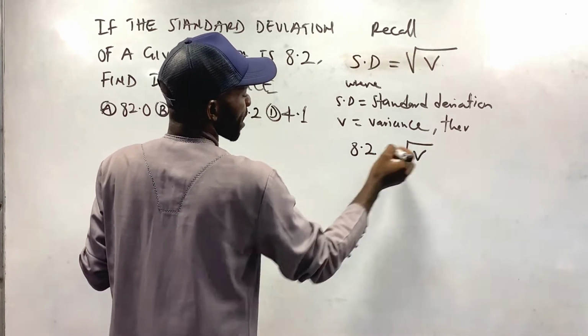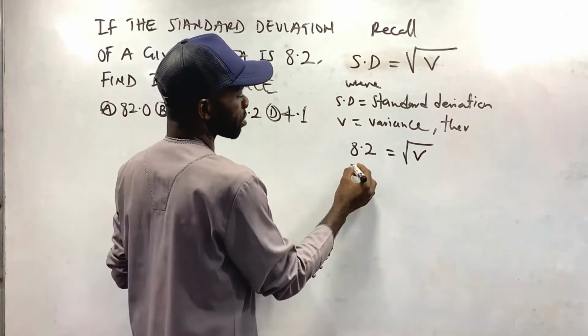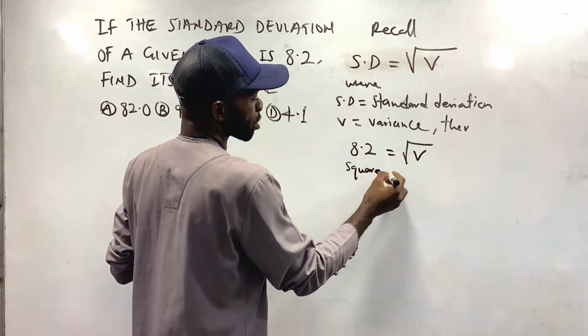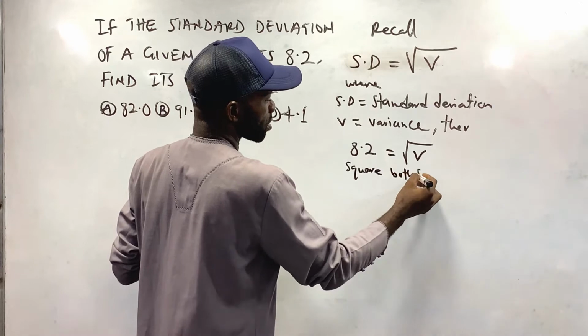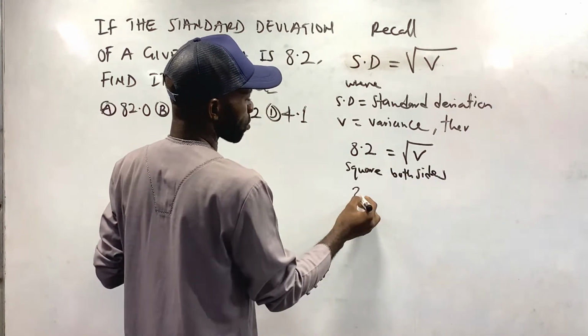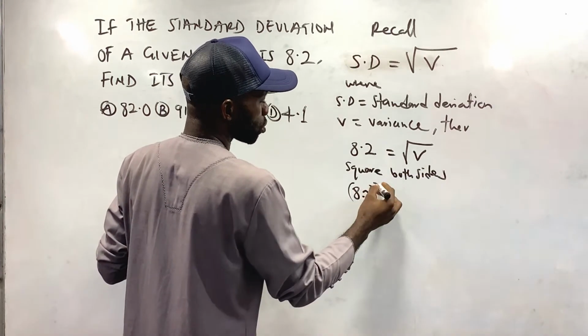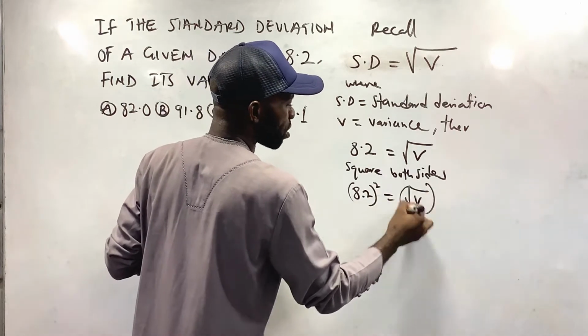If we take the square of both sides, we're going to have 8.2 squared is equal to root V all squared.